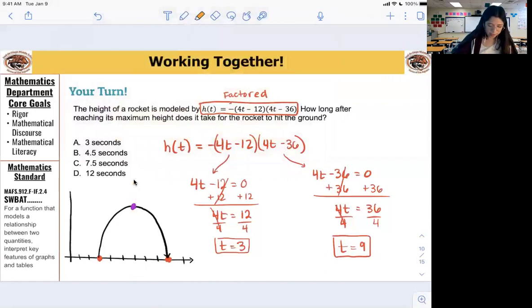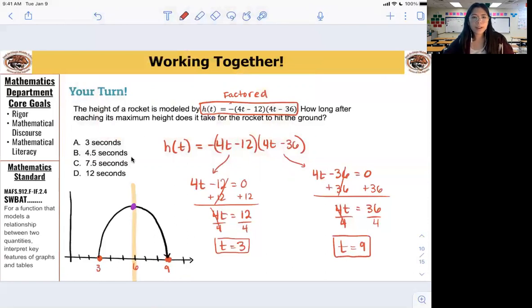So we kind of went over this earlier this week, but don't forget that the vertex is located at the middle between the two x-intercepts. So if this is 3 and this is 9, what number is right in between those two? 6.